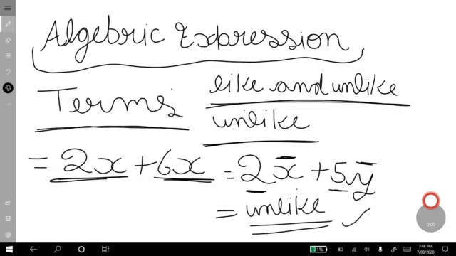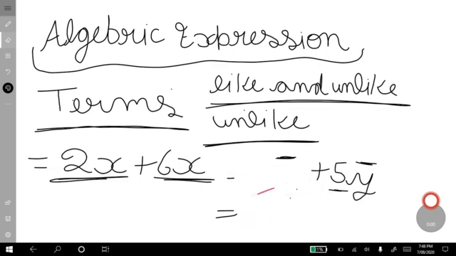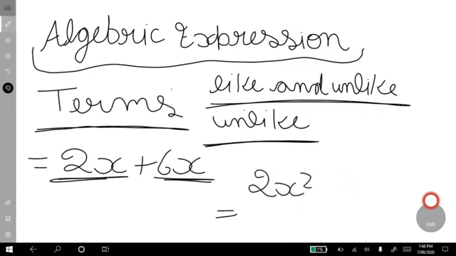So let's take another example. Let's say we have 2x squared and 2y squared.